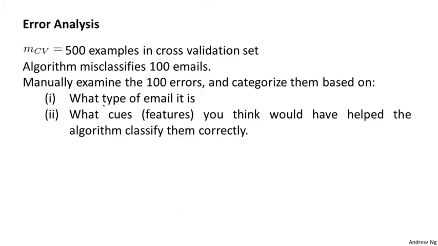Specifically, by what type of email it is, if I look through these 100 errors, I might find that the most common types of spam emails it misclassifies are emails on pharma or pharmacies, basically emails trying to sell drugs, maybe emails trying to sell replicas, so fake watches and other fake things, and maybe some emails trying to steal passwords. These are also called phishing emails, but that's another big category of emails, and maybe other categories.